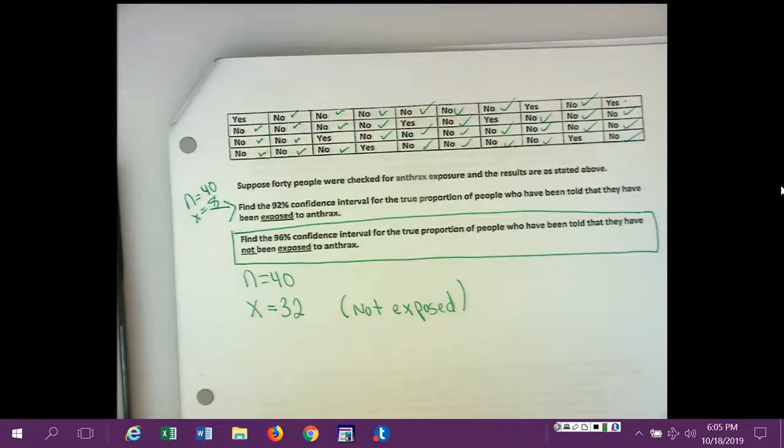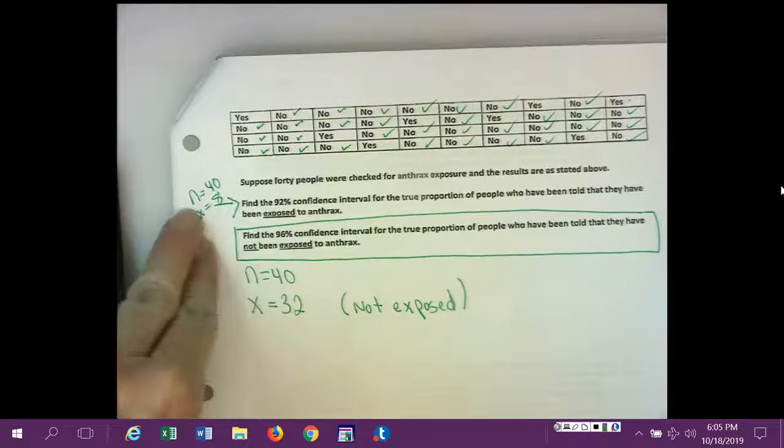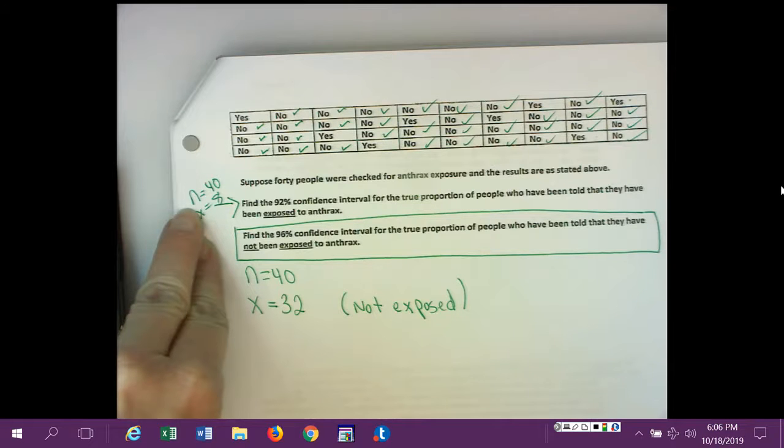And we're not doing that problem. But when you go to do that problem, exposure, X is 8. P hat is going to be 8 out of 40 exposed. 8 divided by 40, P hat.